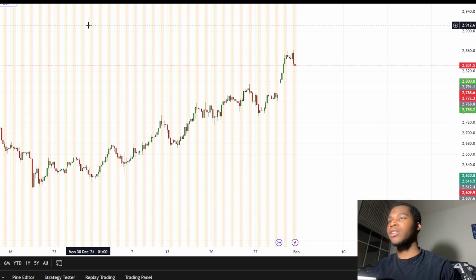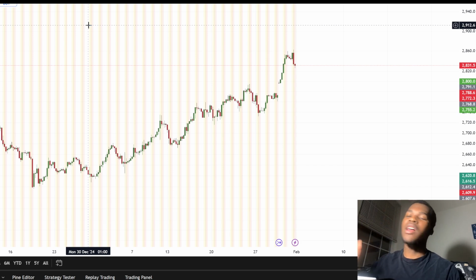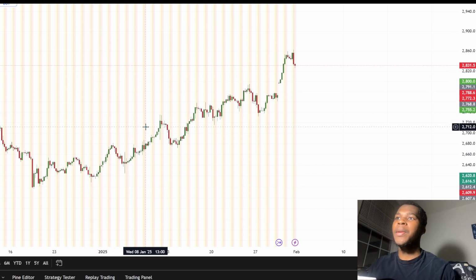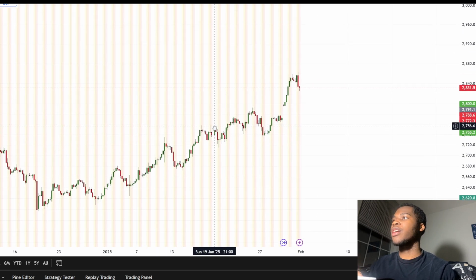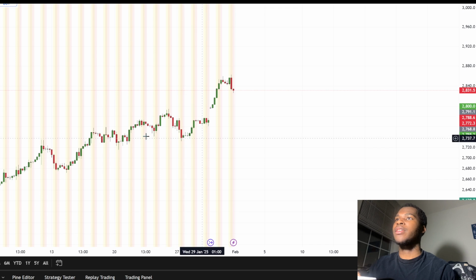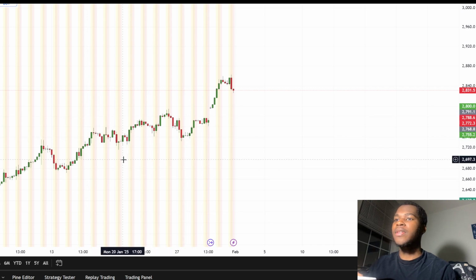If you want a higher trade frequency, a lot of the times you'll have a lower win rate, but lower trade frequency, higher win rate. So just see what you like, test it out for yourself, and then execute it inside of the markets.